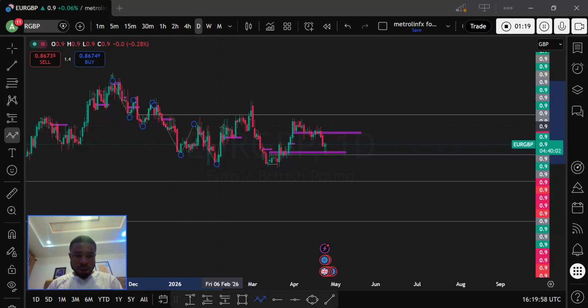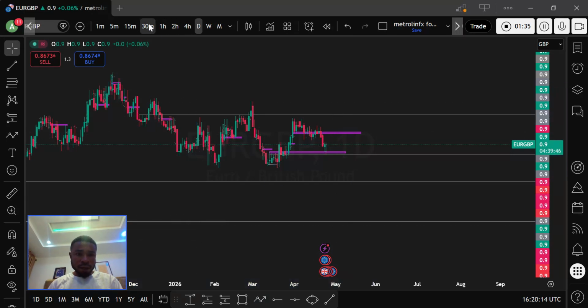You can see we got this liquidity grab, then another lower low, another lower high. So we are expecting a lower low, lower high, and another lower low. That's what we are expecting.